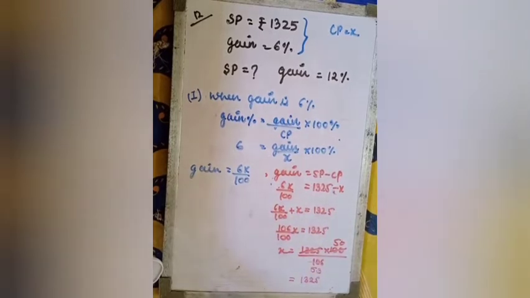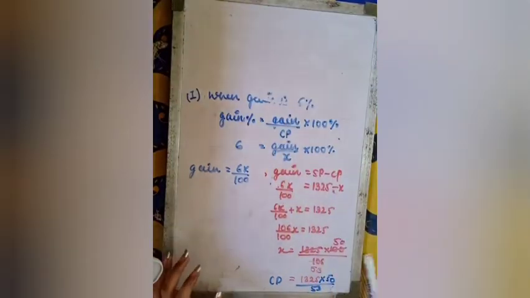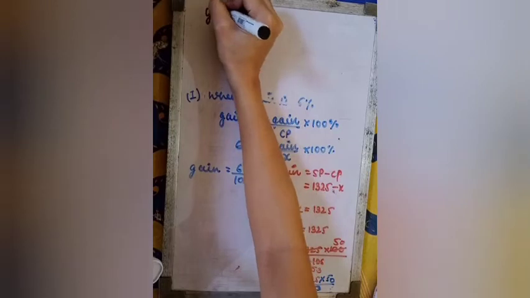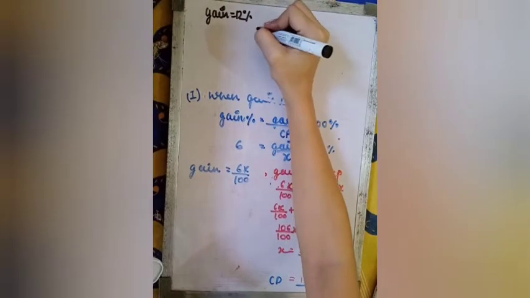So let us suppose this is the CP. Now look at the second case, when gain is 12%. Now again put this in the formula.